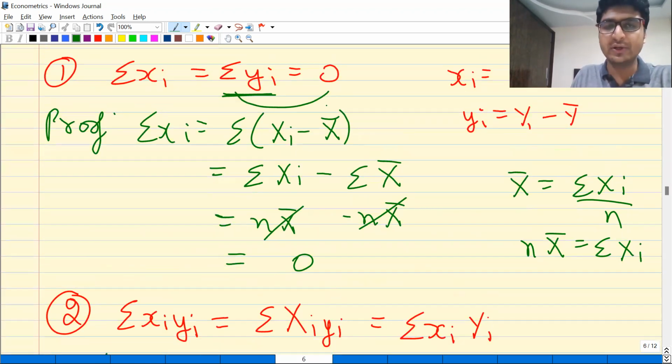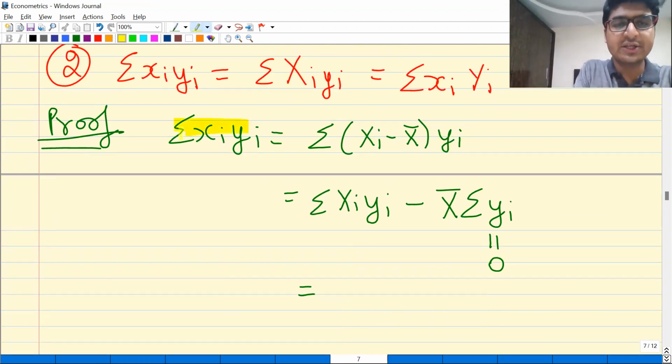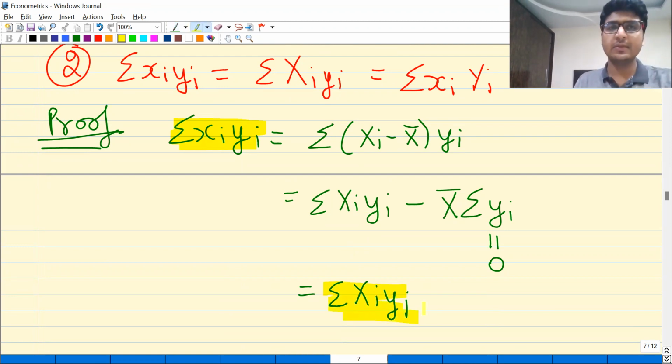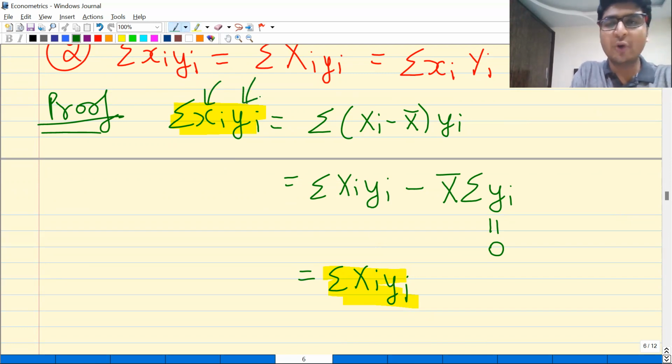Summation yi is equal to 0. So this means that summation xi yi will be equal to summation Xi into small yi. ठीक है. Similarly, अगर मैं यहाँ पर xi की जगह yi को ओपन करूं, then I'll reach here.